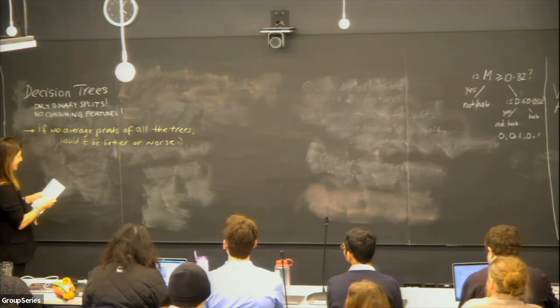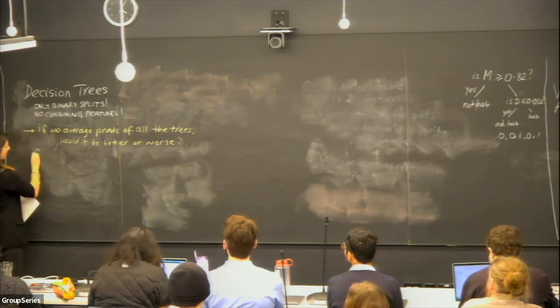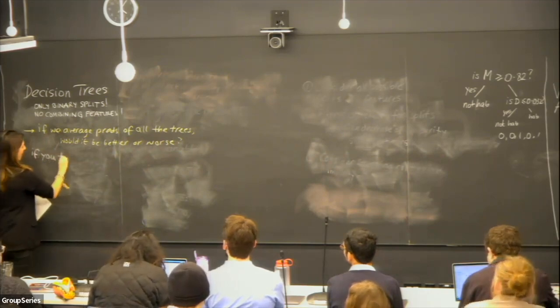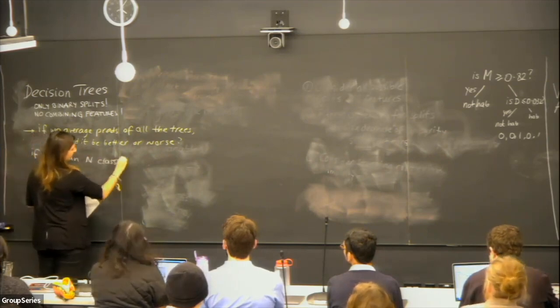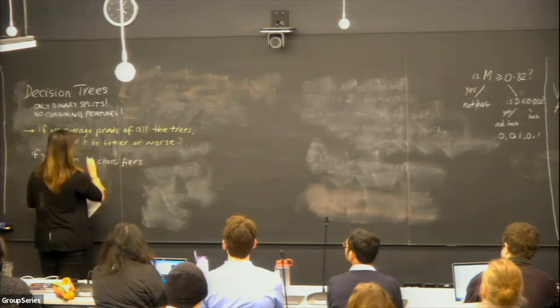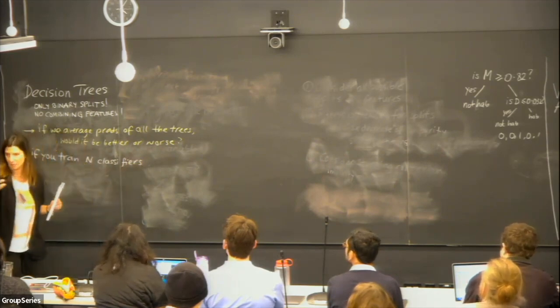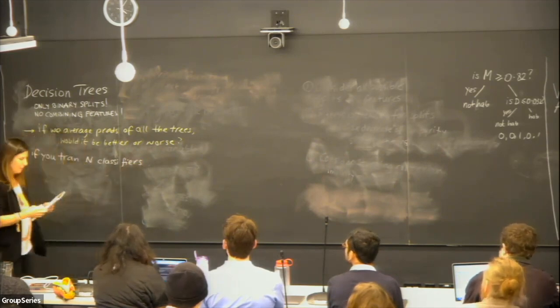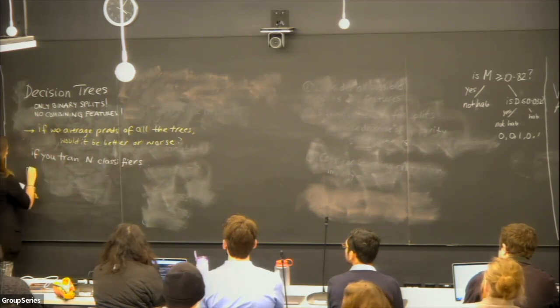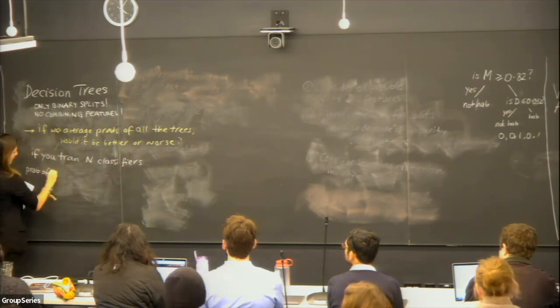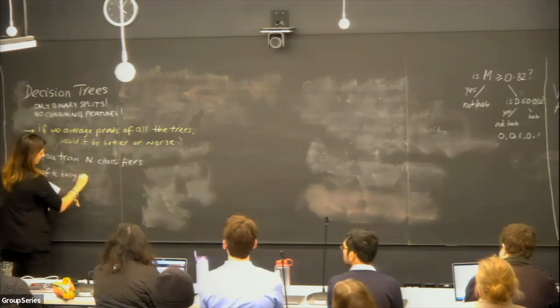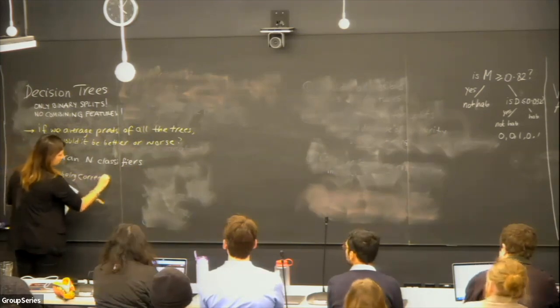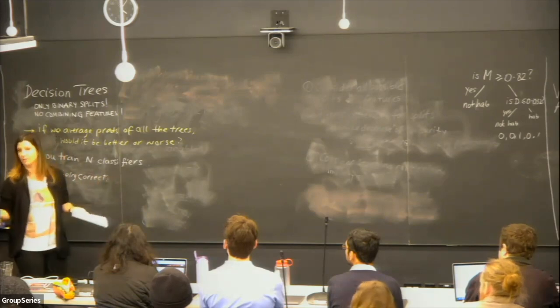The idea is, let's say that you train n classifiers that are independent. In our case, we can assume they were independent, being different people. Then the probability of k of them being correct has to do with the binomial distribution.